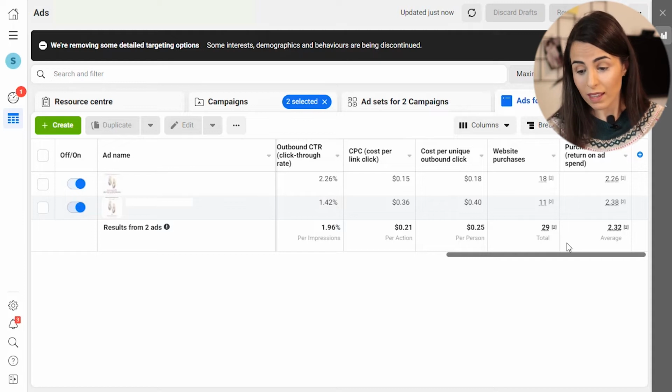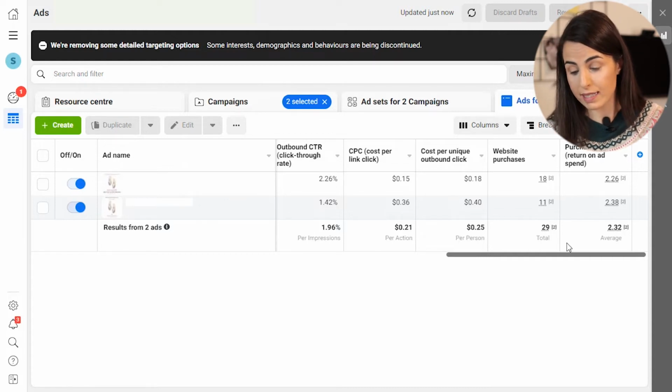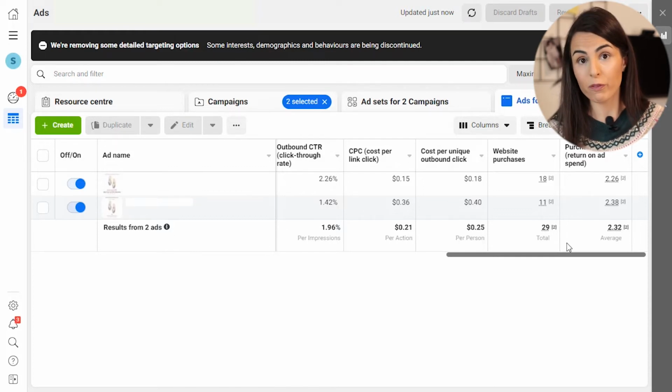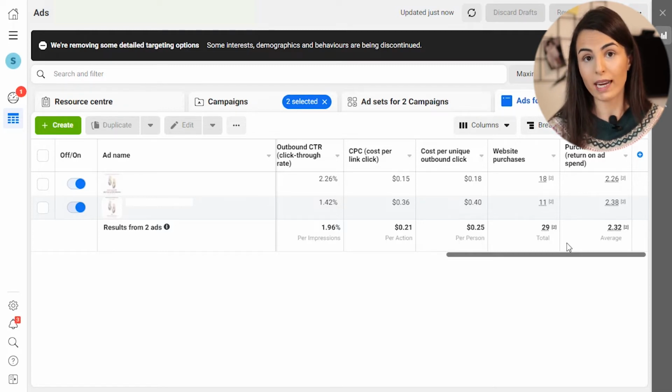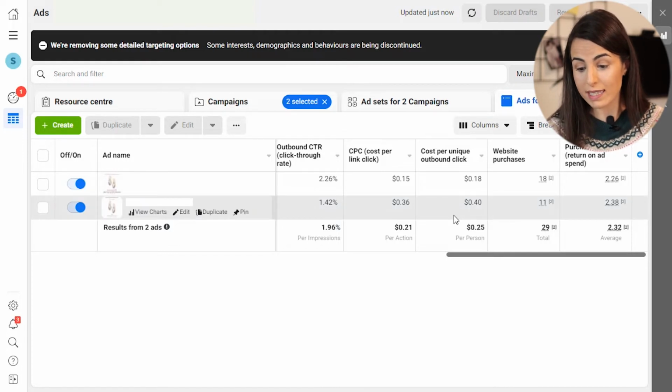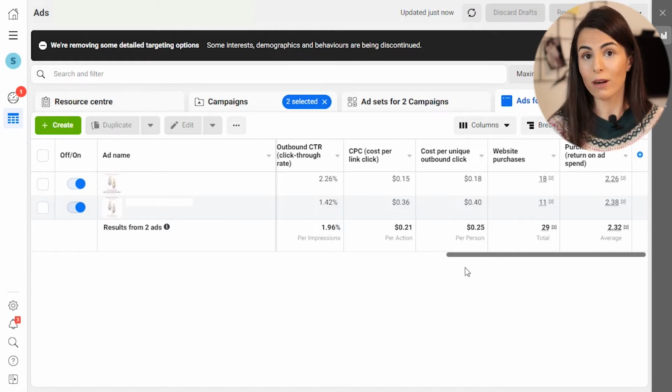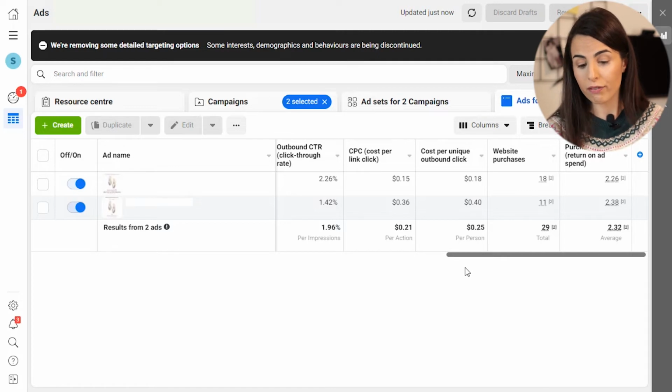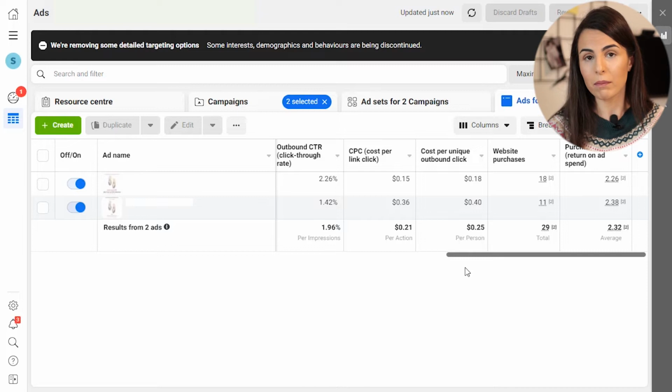So the cost per unique outbound click is for the first campaign 0.18, and for the second one it's 0.4. So the first campaign is definitely performing better because I have a cheaper cost per unique outbound click when it comes to this, not to everything, because as you can see we are going to analyze later how much I paid for the purchase in the first campaign, then how much I paid in the second campaign, and this will tell me which campaign performed the best.